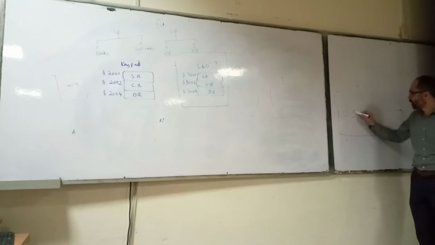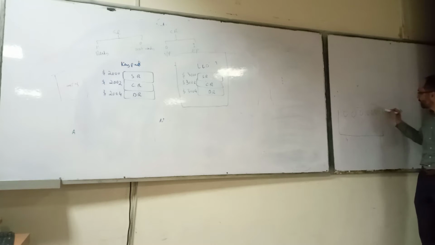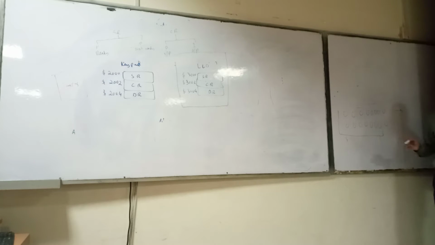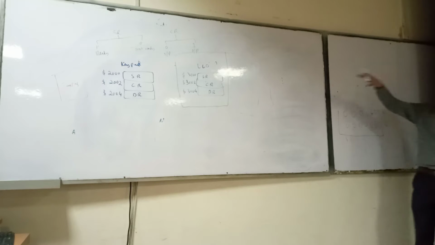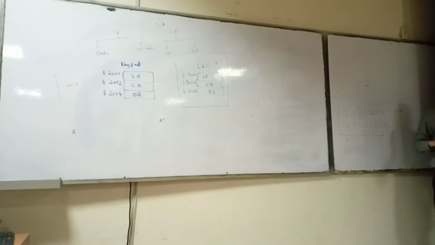There are different positions, 1, 2, 3, 4, 5, 6, 7, 8, and 1, 2, 3, 4, 5, 6, 7, 8. So you can display different characters. And let's assume the current location is here. So maybe this is also stored in some different register. Okay. And whenever some data comes into the data register, that data will be displayed here.